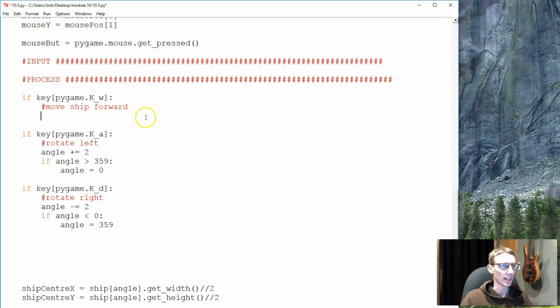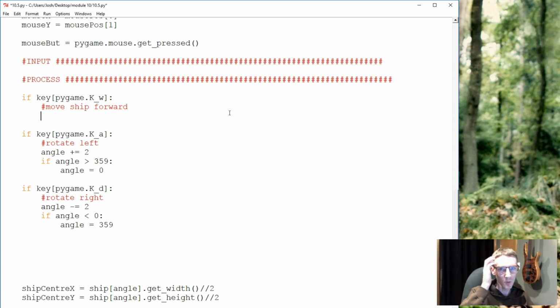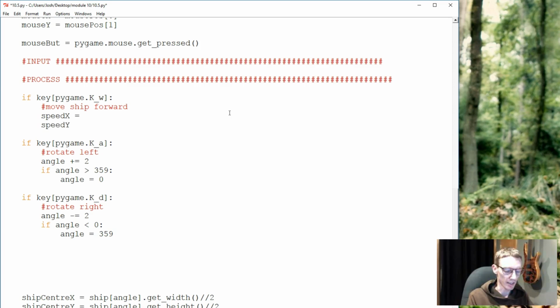So how do we calculate that? Well, it's not super difficult if you know a little bit about grade 10 and grade 12 math. So my speed x is going to equal something, and my speed y is going to equal something. Now, if you've taken grade 12 math, you know that radians is another way of measuring angles.